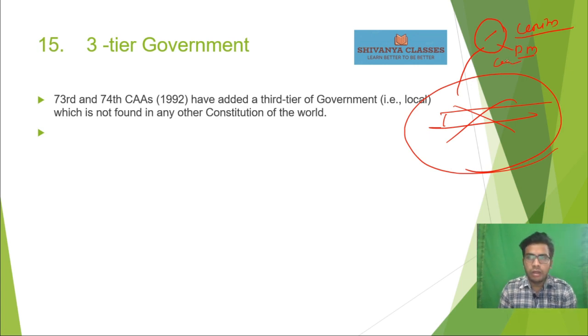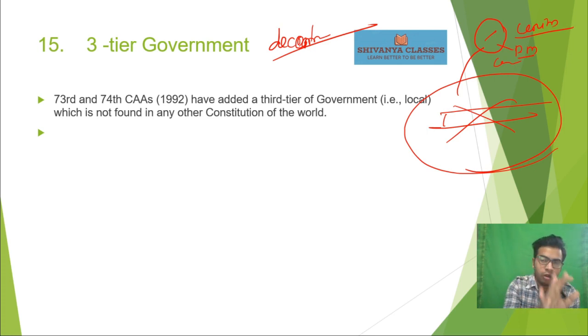What will happen? The government might become an autocrat. It might become an autocratic government. So in order to avoid this, we need decentralization of power. The power distribution should happen between the union government and the state government.